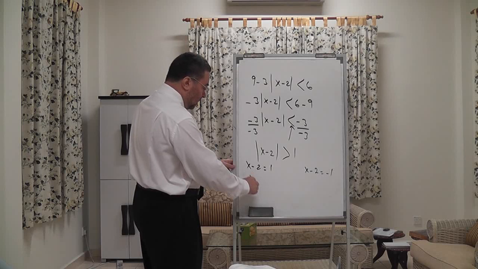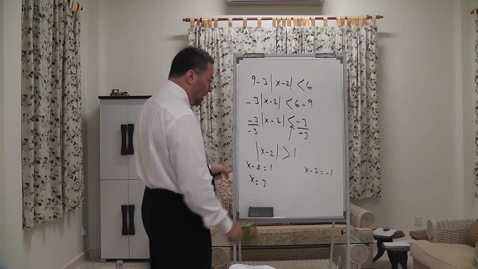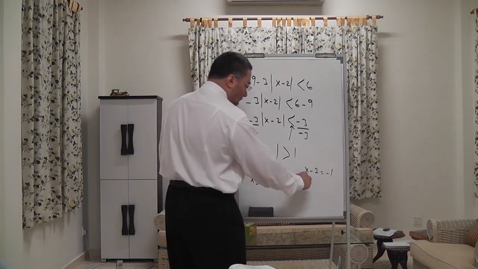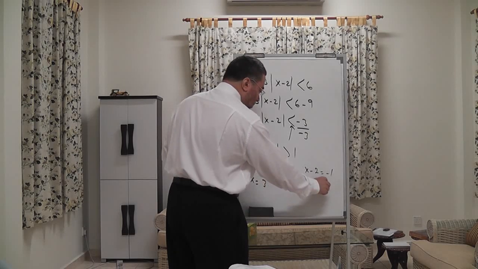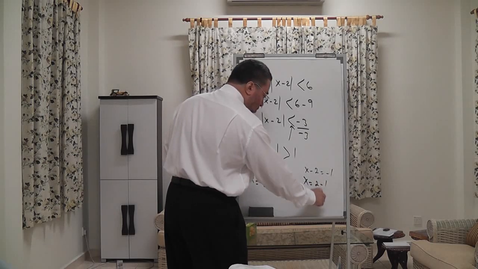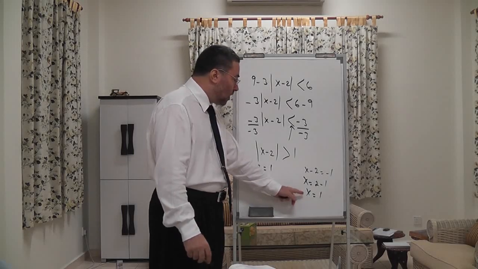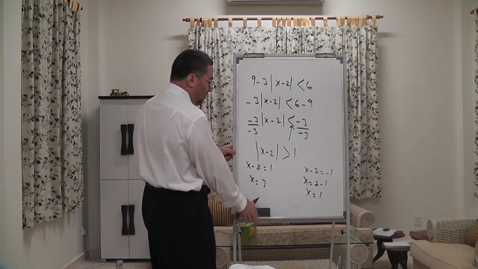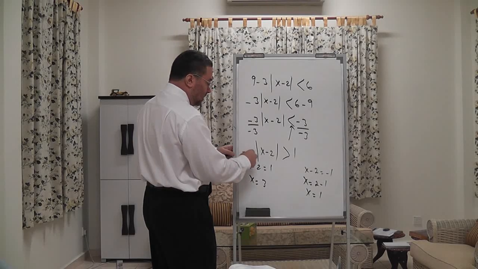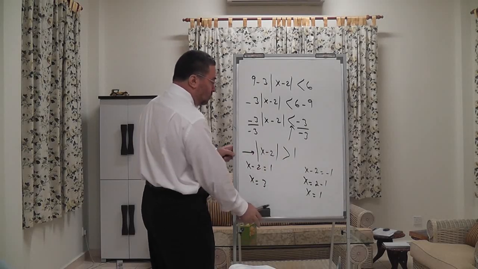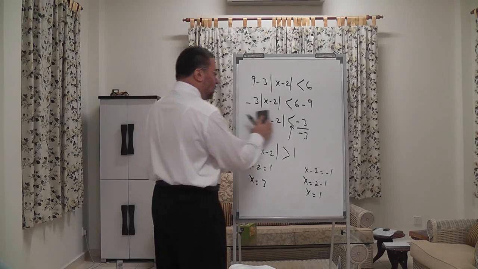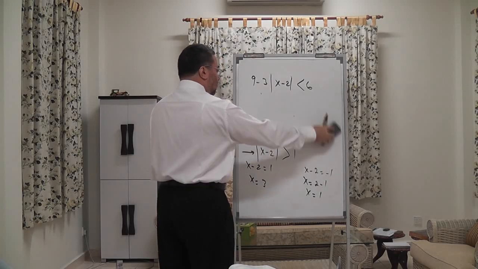In this case, x equals 3, and in this case, x equals 2 minus 1, and x equals 1. So our roots are 3 and 1. And we are solving now this inequality, and the sign is more than, so the answer will be outside the roots.